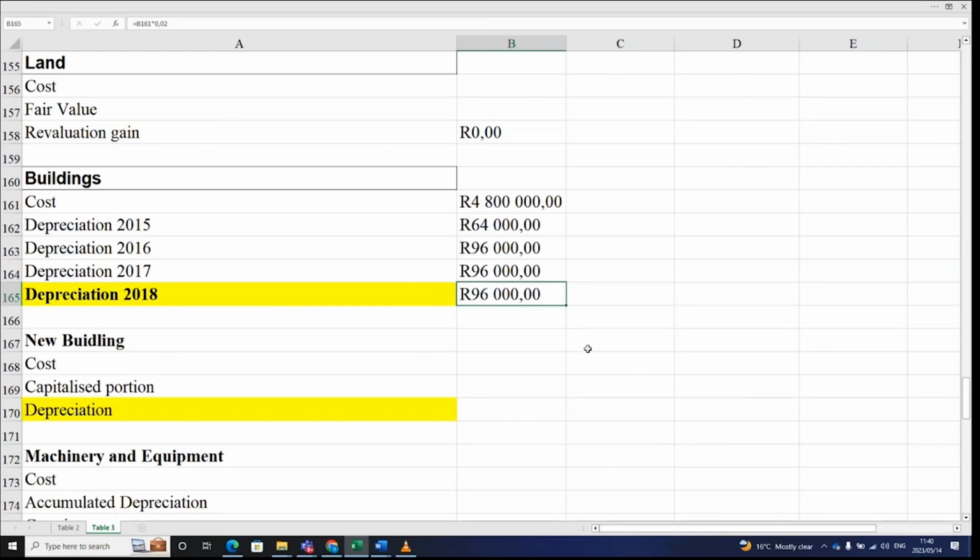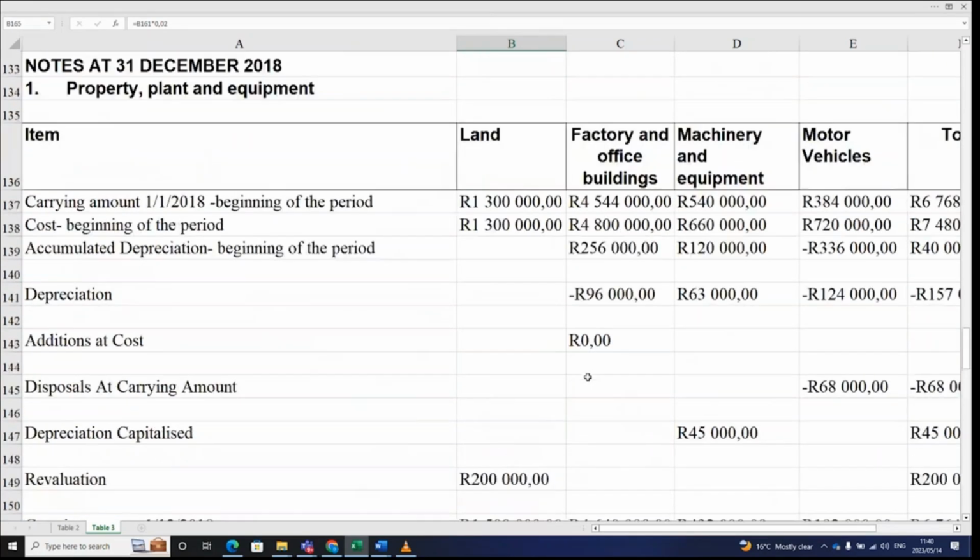I've just pulled through the formulas over here as well. So the cost, which we got from above, then the accumulated depreciation at the beginning of the period, what we worked out at the bottom, then the depreciation for the current year is what we have over here.